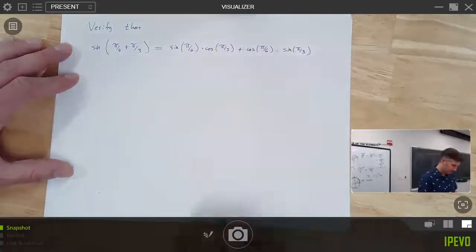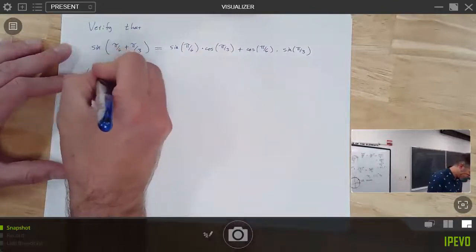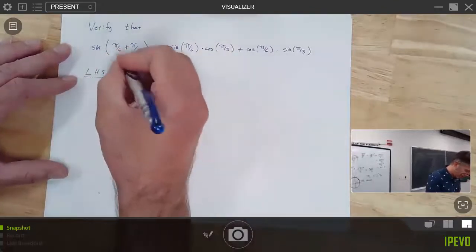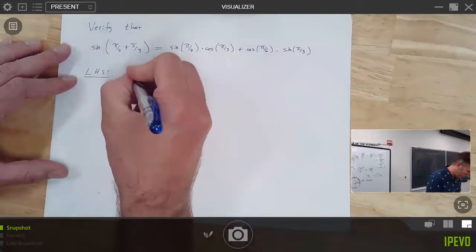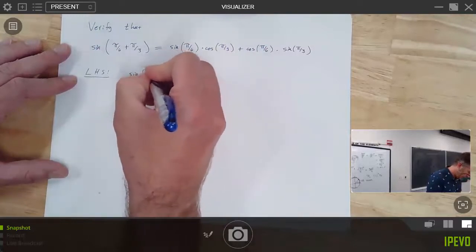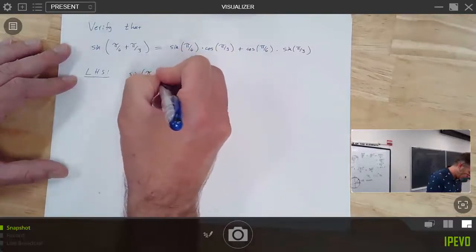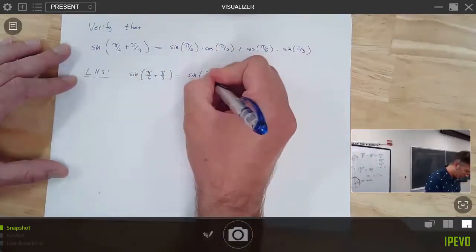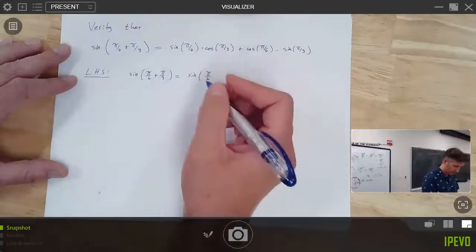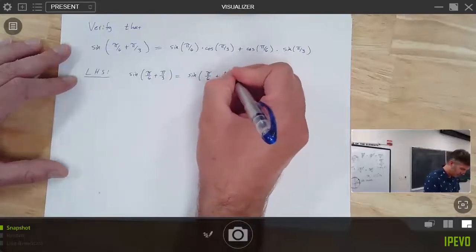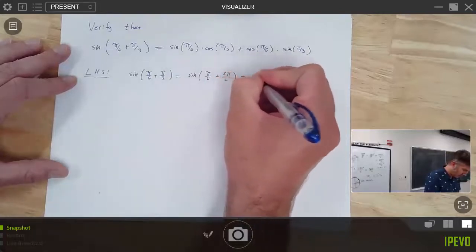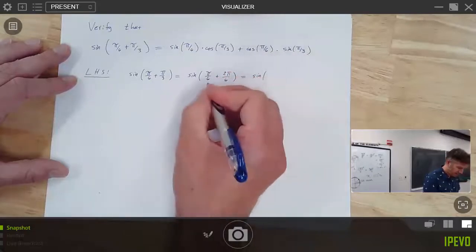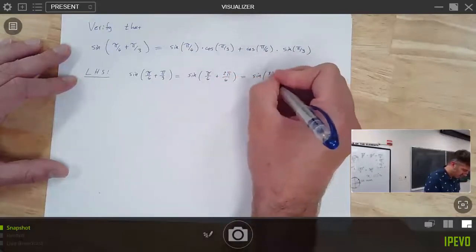Let's do the left-hand side. Left-hand side's easier. So let's just add pi over 6 and pi over 3. That's going to be sine of pi over 6 plus pi over 3, which is sine of, well, let's see, pi over 3 I can multiply by 2 over 2 to get 2 pi over 6, so pi over 6 plus 2 pi over 6 is 3 pi over 6.